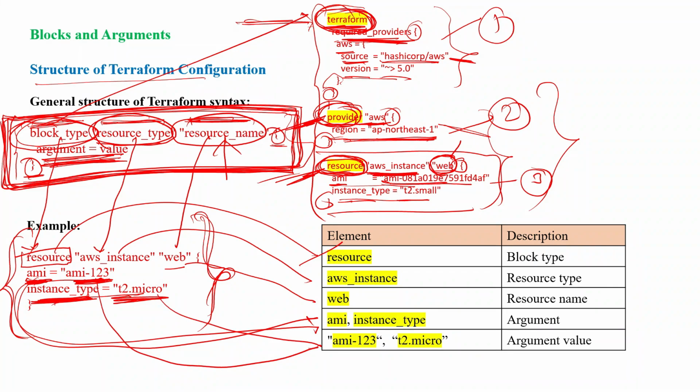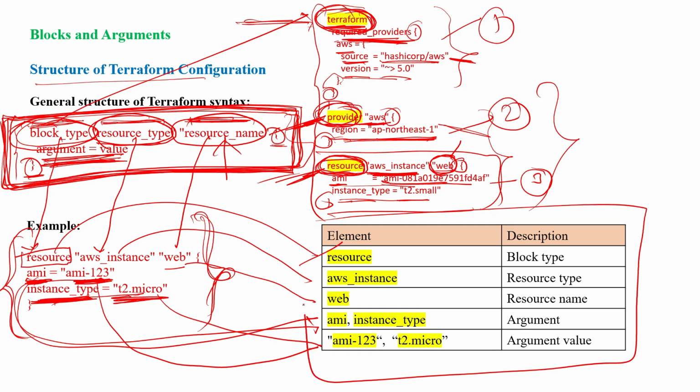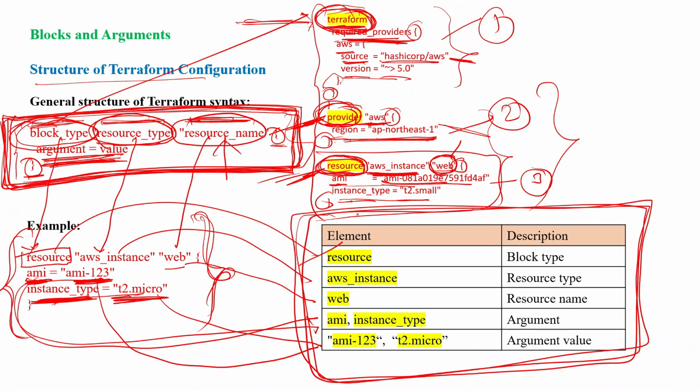Right. So this is the building block of your Terraform that you should understand. And if you have an understanding of this, you can easily work on Terraform when we have to define the different code files. Very first, block type. Second, resource type. Third, resource name. Fourth, argument, and then argument value. So here, resource name you can define according to your choice.